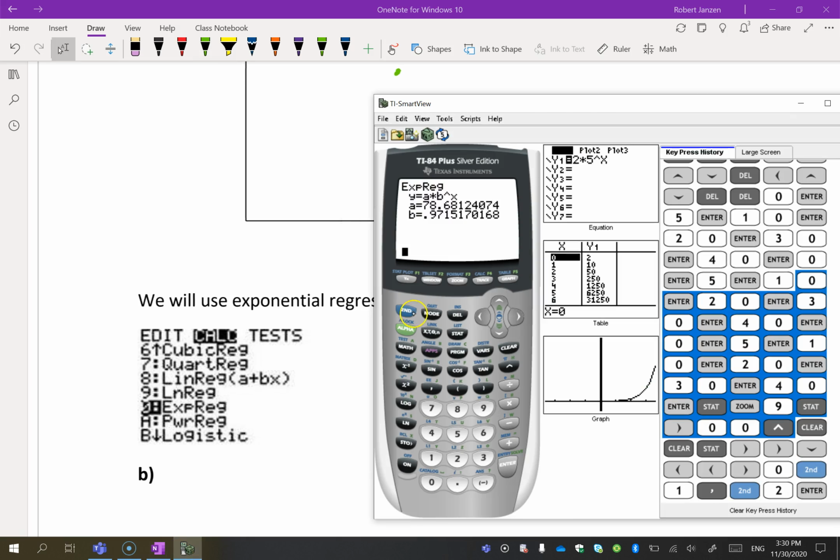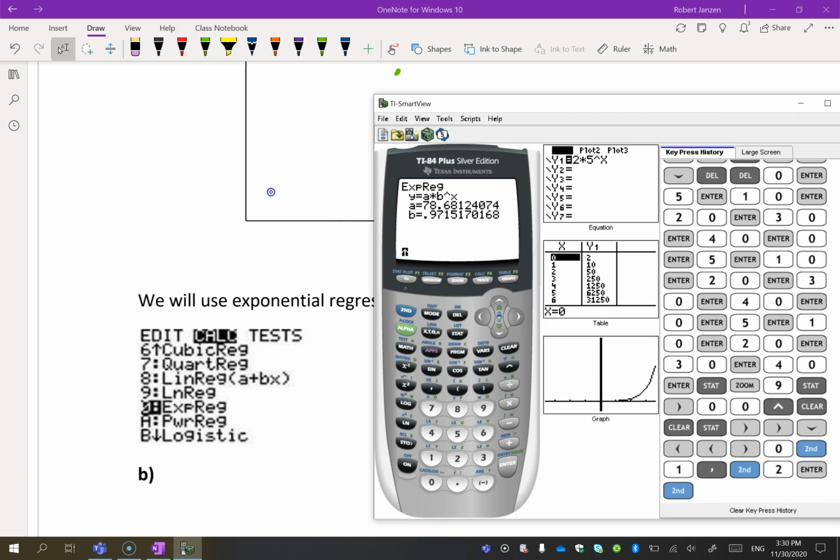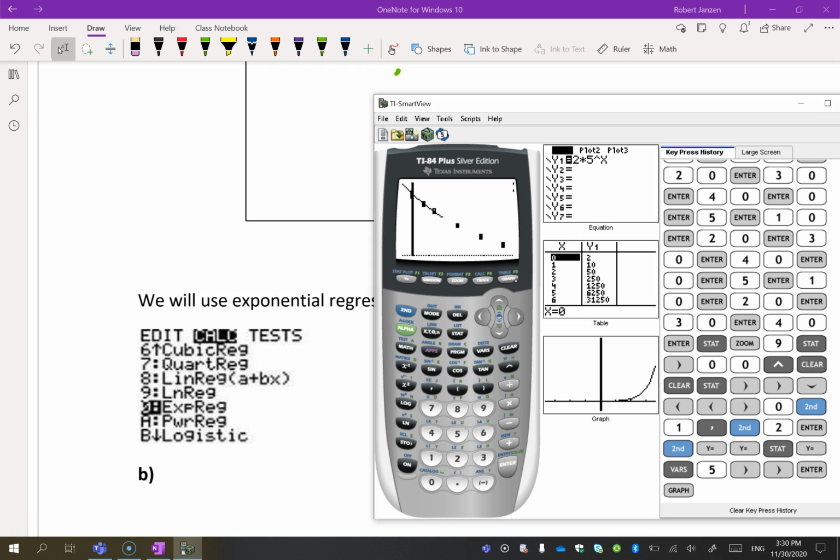So let's plug that into y equals. We'll go y equals, vars 5 equation. Enter. There it is. Now if I go back to graph, you've got a line that represents those dots pretty well.